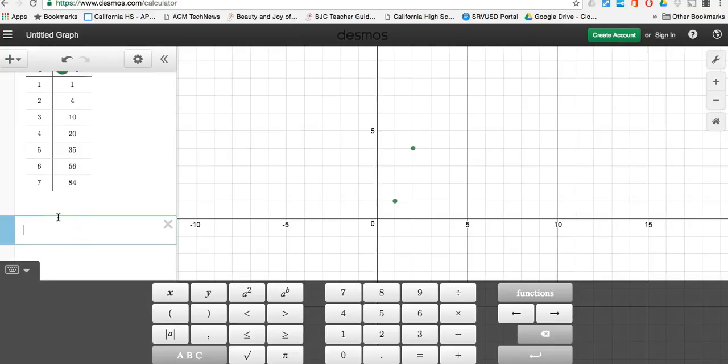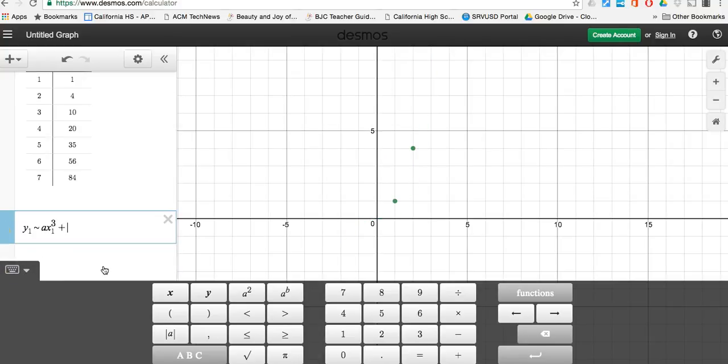Now, in order to figure out what our actual function is, we do y1, then a tilde, and then we type in our generic form. Since we know this is a third degree polynomial, we're going to do ax1 to the third plus bx1 squared plus cx1 plus d.